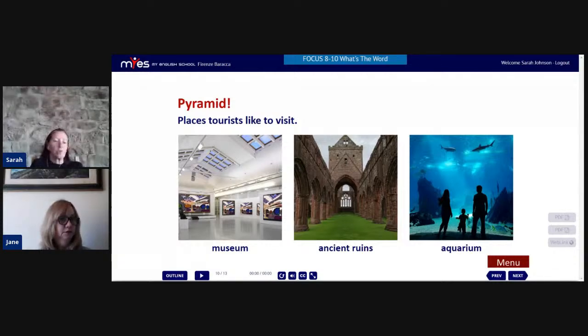So it's very difficult to explain without thinking about the actual function and the activities that happen there. So the first place I'm going to describe is where you go with your children, usually, but you can also go as adults. And this is where you go to see fish.